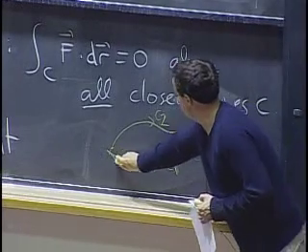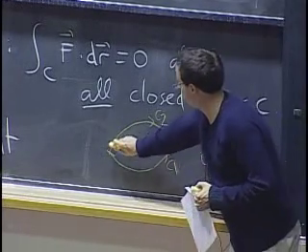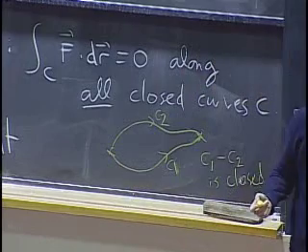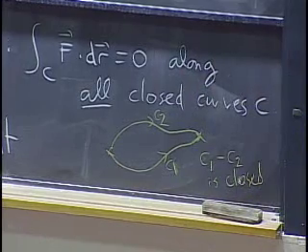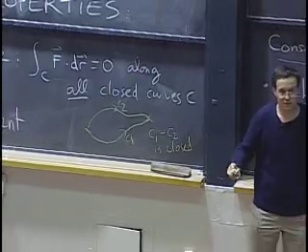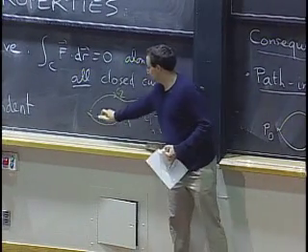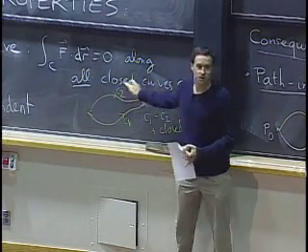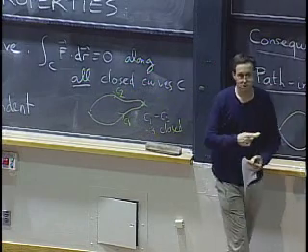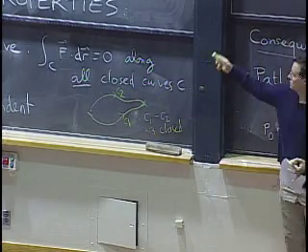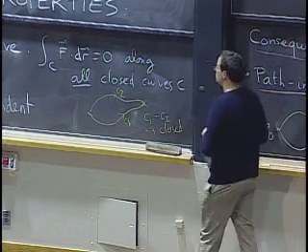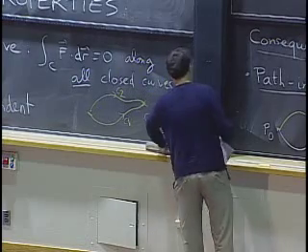If I go first from here to here and then back along that one, I get a closed path. So if I'm conservative, I should get 0. But if I get 0 on C1 minus C2, it means that the work on C1 and the work on C2 are the same. See, so it's the same. It's just a different way to think about the situation.